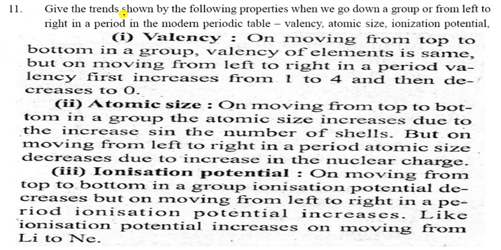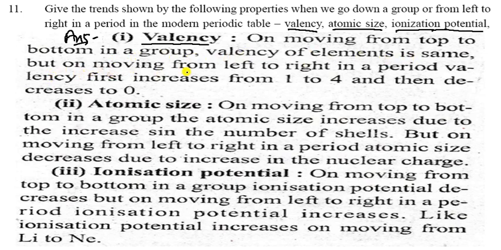Now the next question: give the tendencies shown by the group property when we go down a group or from left to right in a period in the modern periodic table. First one is valency, second one is atomic size, third one is ionization potential. So one by one we can explain here, so you can write your answer. First one is valency. On moving from top to bottom in a group, there is no change.